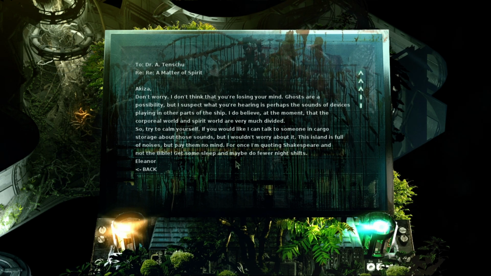I do believe, at the moment, that the corporeal world and spirit world are very much divided. So try to calm yourself. If you would like, I can talk to someone in cargo storage about those sounds, but I wouldn't worry about it. This island is full of noises, but pay them no mind. For once, I'm quoting Shakespeare and not the Bible. Get some sleep and maybe do fewer night shifts.